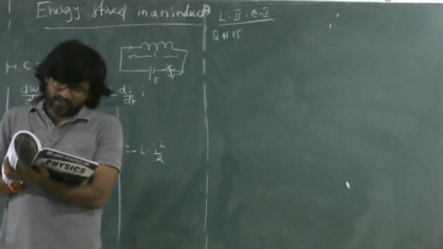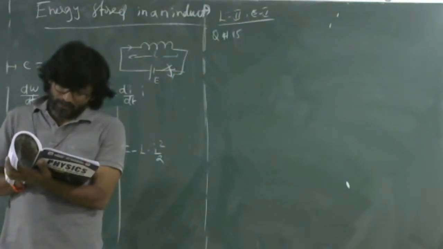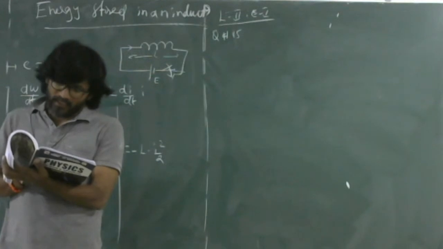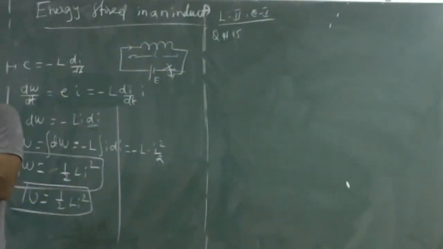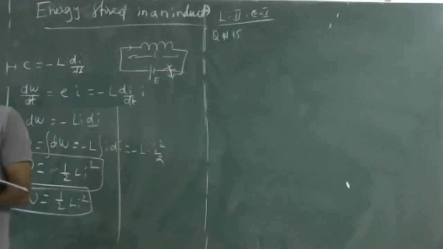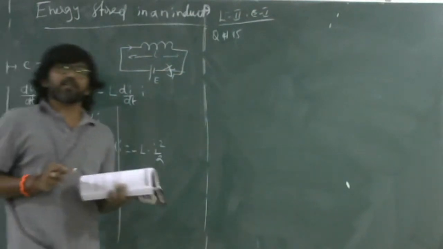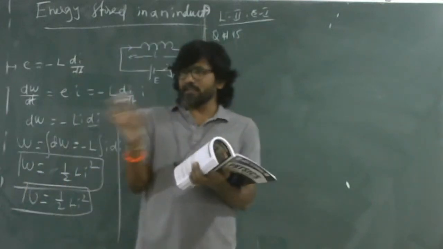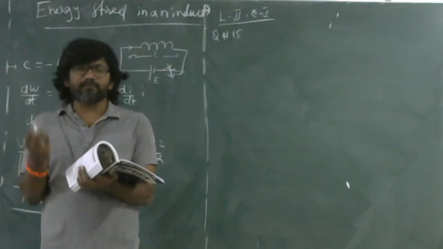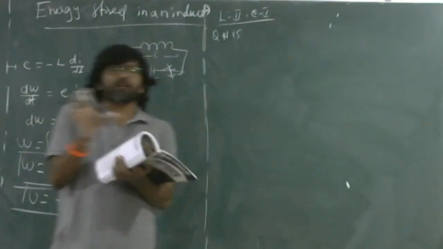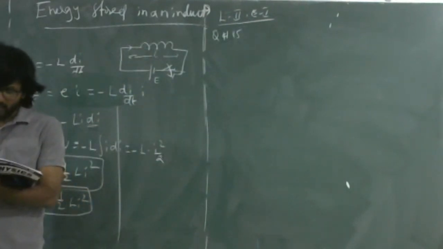An inductance is connected first to A, and the energy in the uniform magnetic field set up inside is U. It is now disconnected from A and reconnected to B. Now the energy stored in the uniform magnetic field will be what? We are asked to find this. So what is given and what you are asked to find? So how to relate the given data? Let us see once again quickly.